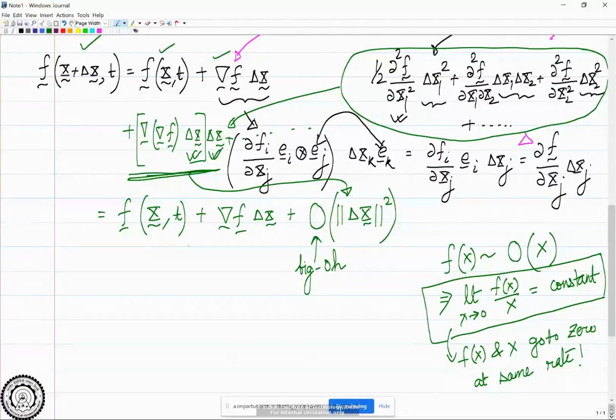So all of them can be combined and written as delta capital X square. So the highest order term, whatever is present here, that we will write here, the leading order term. Are you guys with me on this? It's a new concept, but the nice thing is I have just written everything compactly, and I also know exactly what this higher order term is. Are you following me?